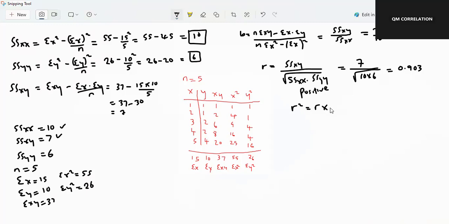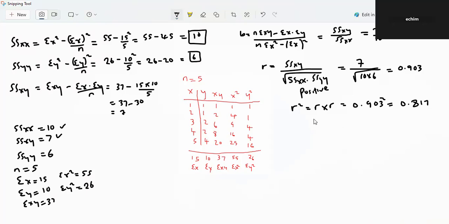So if we square 0.903, what are we getting? 0.817, right? So what does this mean?